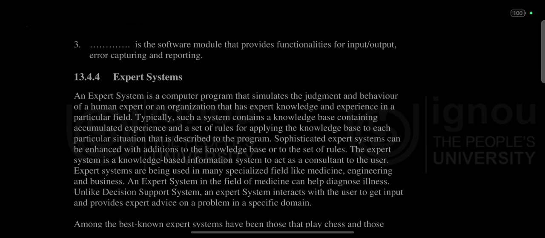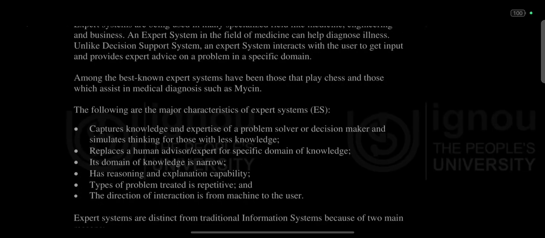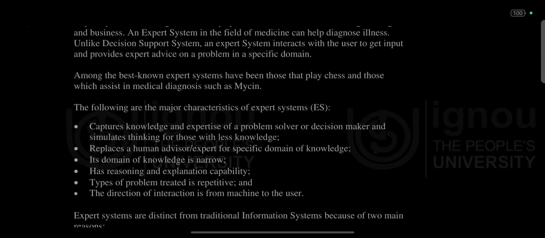Unlike decision support system, an expert system interacts with the user to get input and provides expert advice on a problem in a specific domain. Among the best known expert systems have been those that play chess and those which assist in medical diagnosis, such as Mycin.